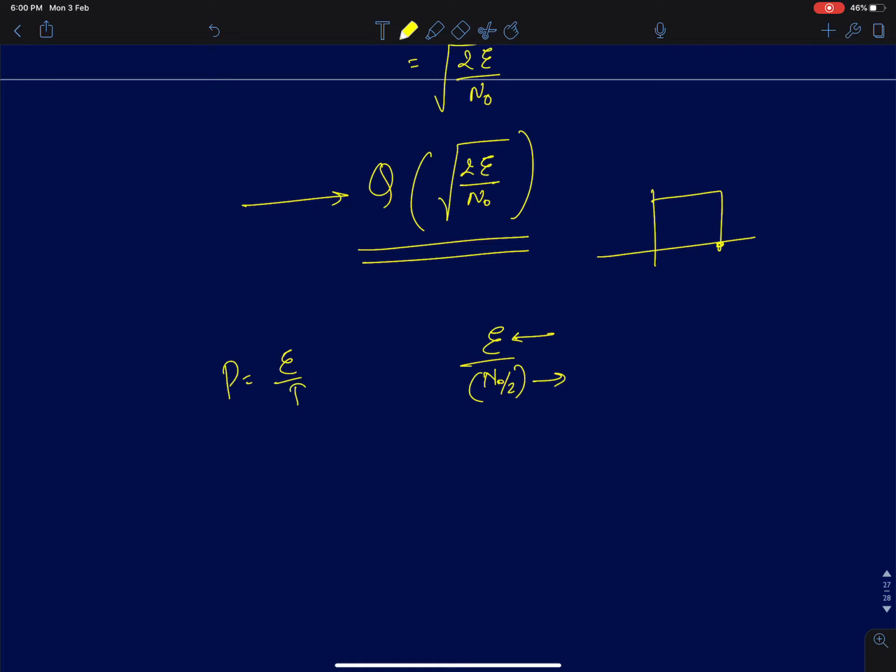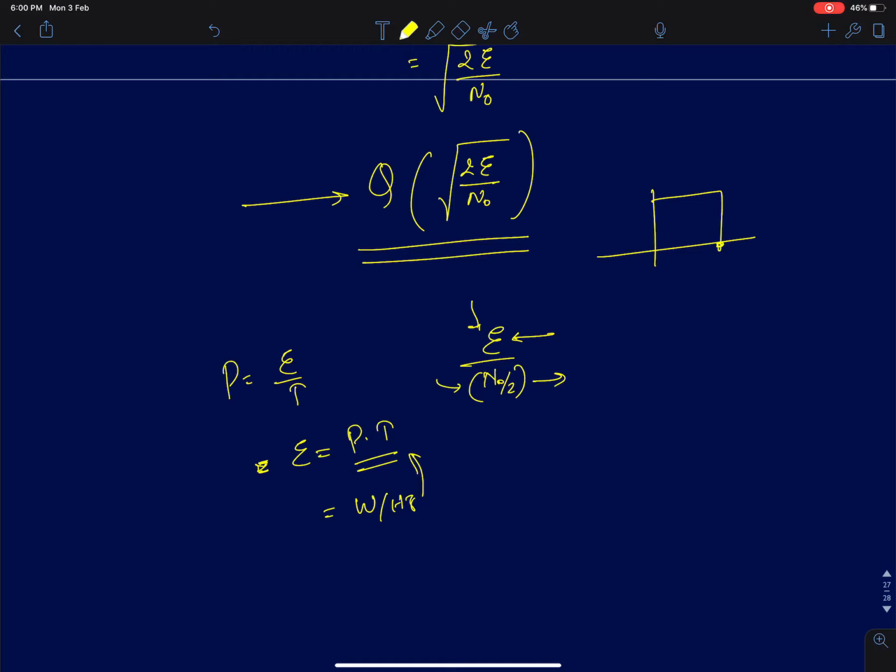Power has units of watt, and energy can be written as power into time. So the units of energy is watt per hertz.